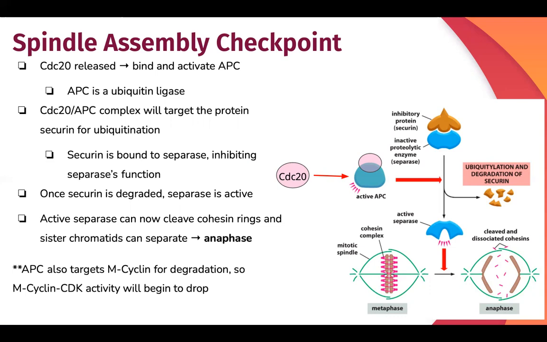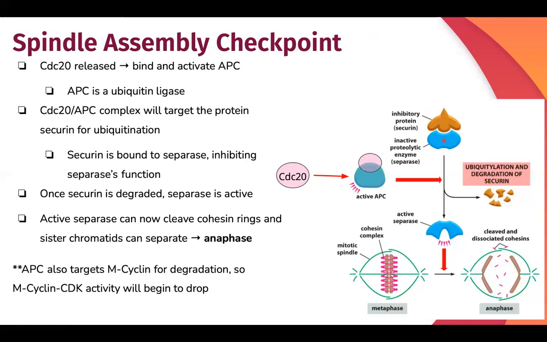Once your APC is activated, it acts as a ubiquitin ligase. And what we know about anything that gets ubiquitinated is that it gets broken apart, or chopped up, cut into pieces. And so your CDC20 APC complex will then target securin, which is this orange crown looking protein. Once securin is targeted, it'll separate from separase.